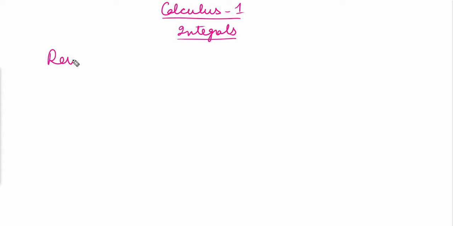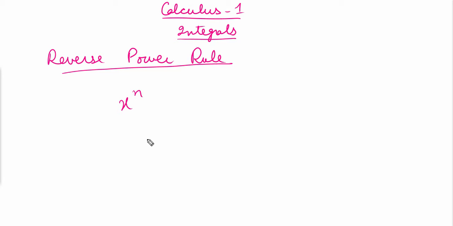Alright, so the reverse power rule. Let's suppose we have a function and that function is x to the power of n. We have to integrate this function. This is the symbol for integration, and we'll write dx because we are integrating with respect to x.